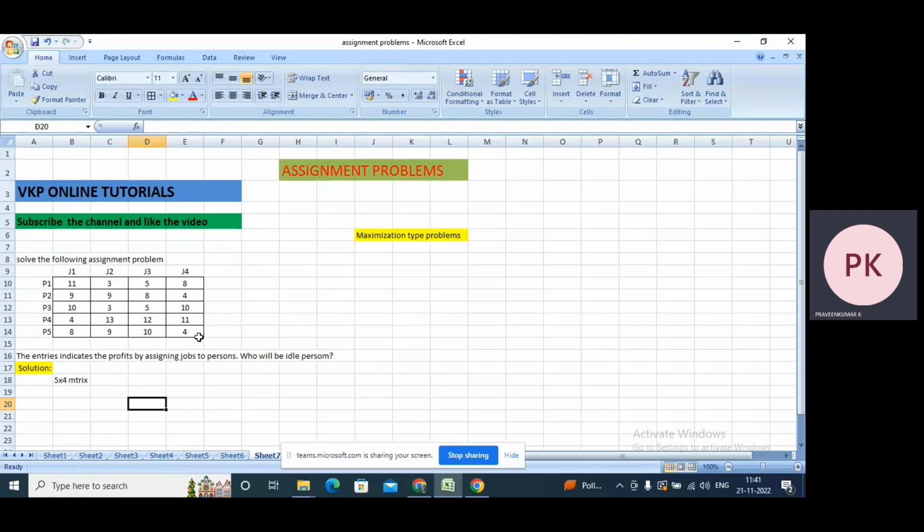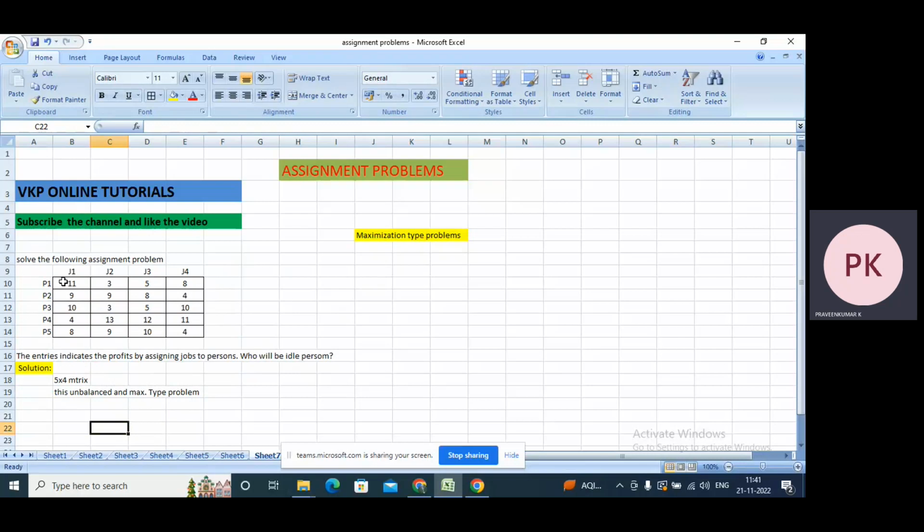This is unbalanced and also a maximization type problem. So we need to make it balanced and also convert it into a cost matrix, then apply the Hungarian method to determine the optimum cost and optimum assignment.